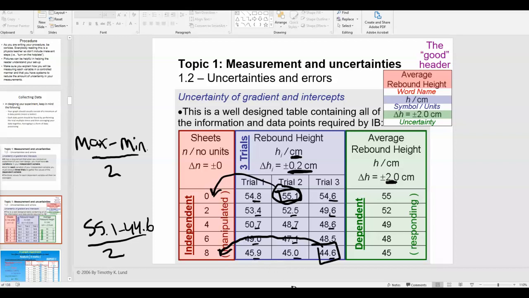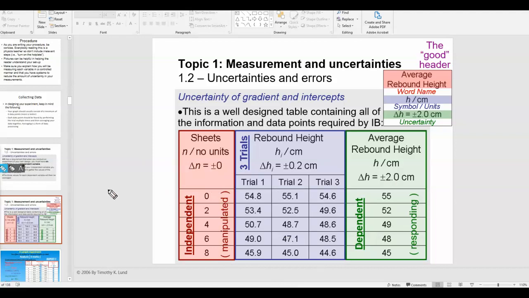What you do for the half range method is you do the half range method for each individual data point. So for example, what it should look like is it should be more like 55.1 minus 54.6 divided by 2.